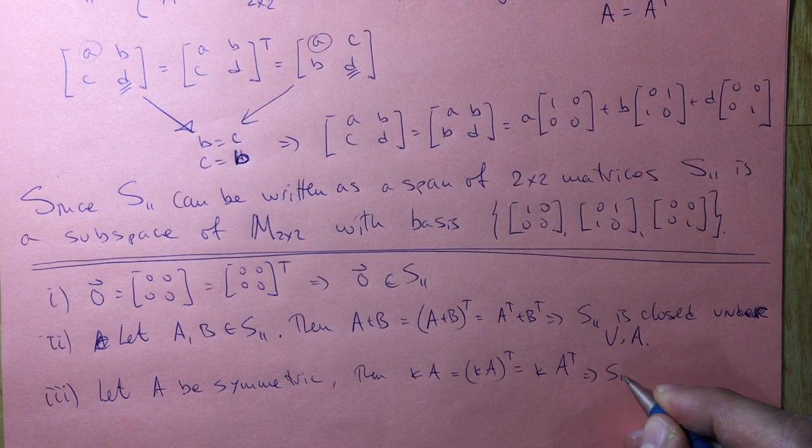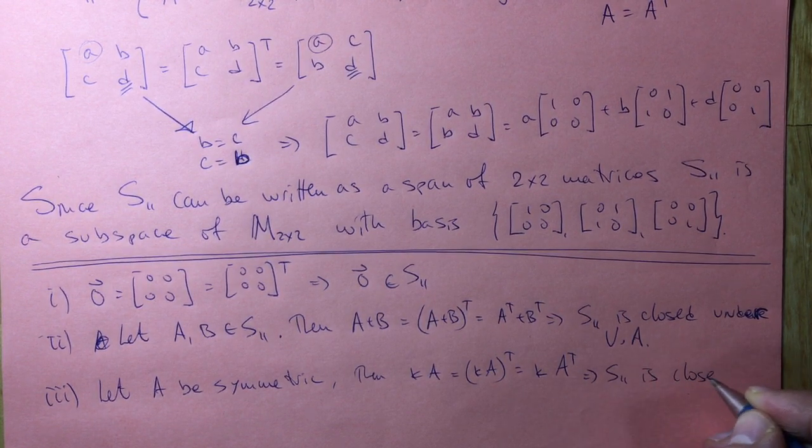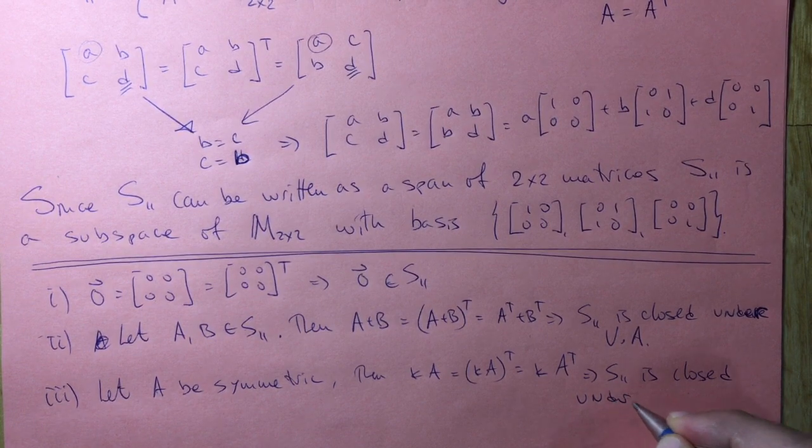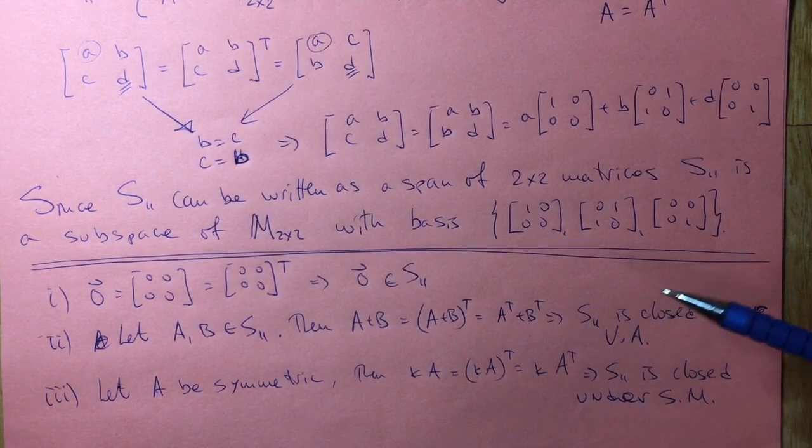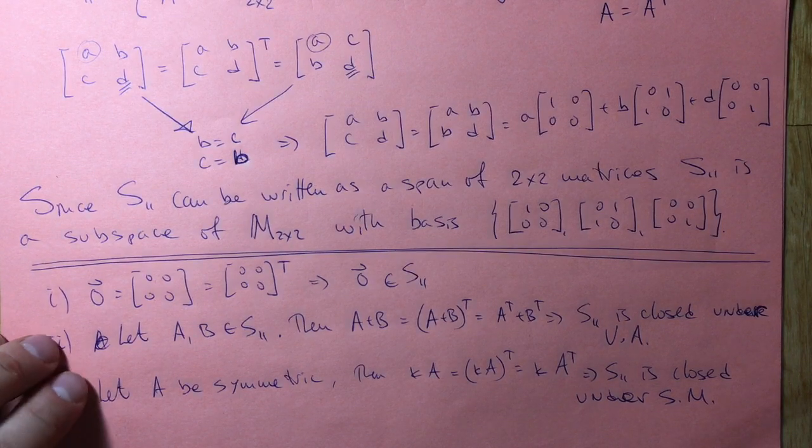So this means that S11 is closed under scalar multiplication. If you're being asked to go over the three conditions, this is what you do.